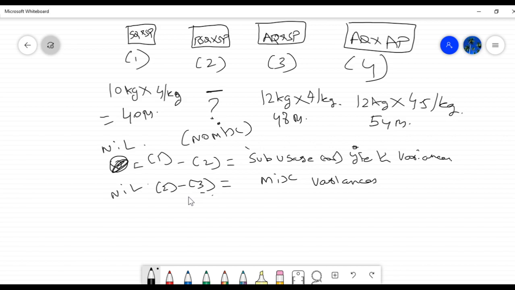So next thing is 1 minus 3 equal to what? 1 is basically SQ into SP, and 3 is AQ into SP. So what are we comparing actually here?